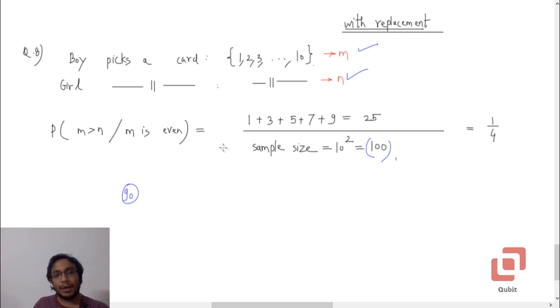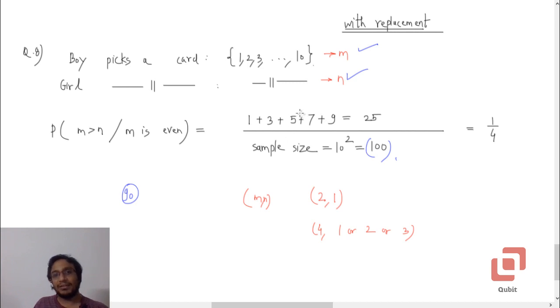How many ordered pairs, or how many elements of the sample space, will belong to that event? Let's say the first is M. If M is 2, and you want M to be greater than N, then for 2 it is only (2,1), that is, the girl gets 1. If it is 4, the next even number, then the girl can get 1 or 2 or 3. So it is 1 less than the even number.